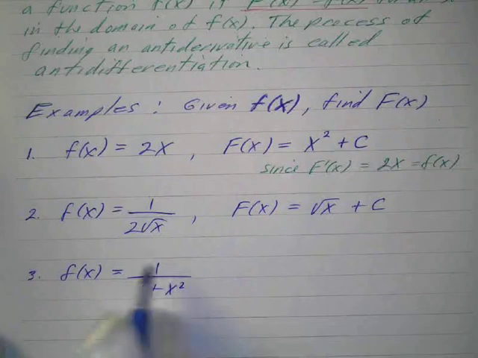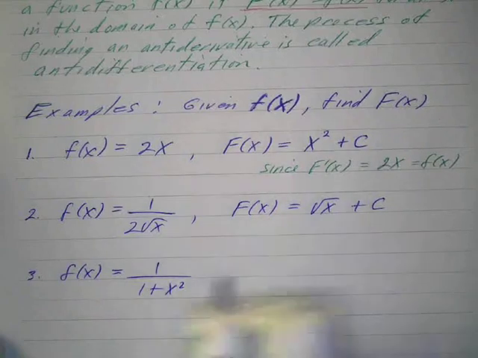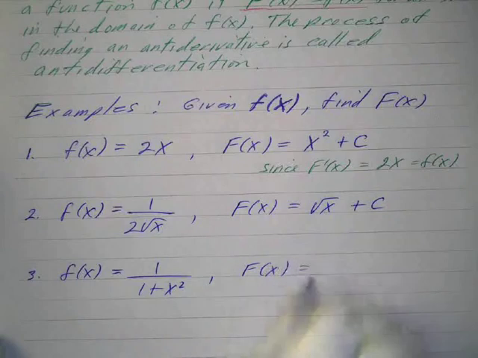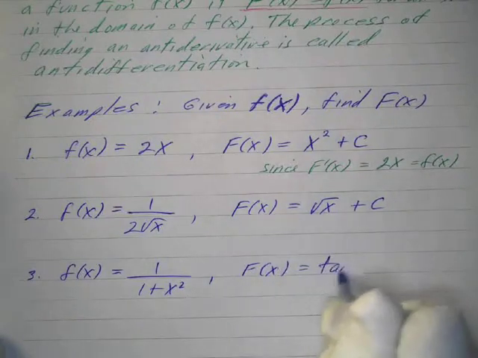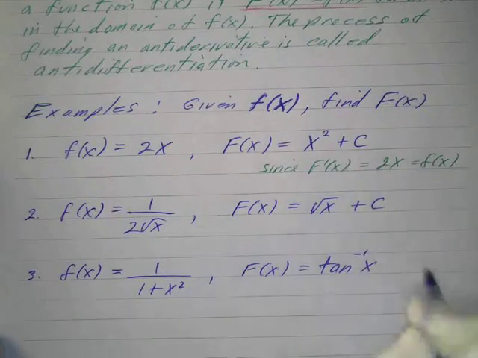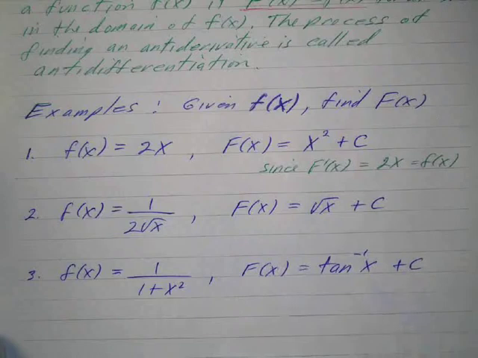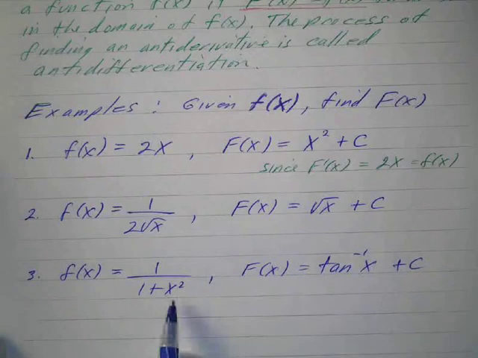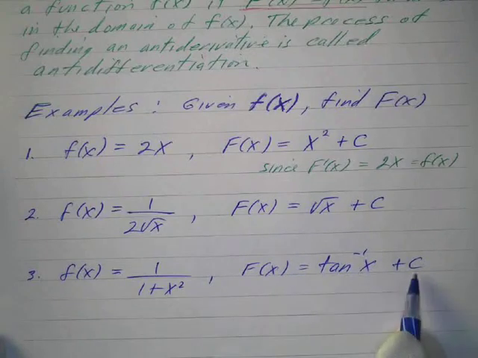What function is this the derivative of? That's basically all we're working at. We're working backwards. And this is going to be the arctan, right? But then again, we also need the plus c. If we take the derivative of the arctan, or the inverse tangent, we get 1 over 1 plus x squared. If we take the derivative of c, we get 0. So there we go.